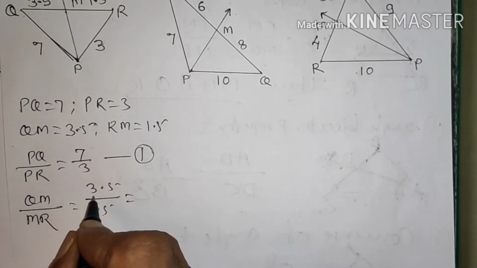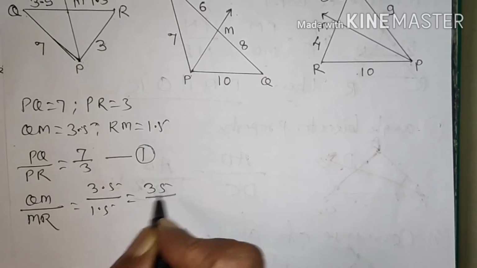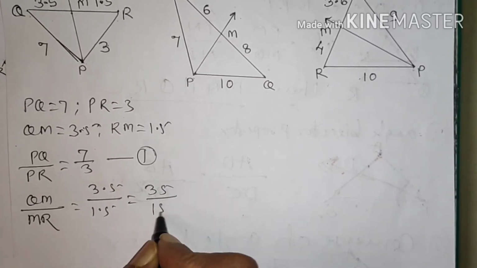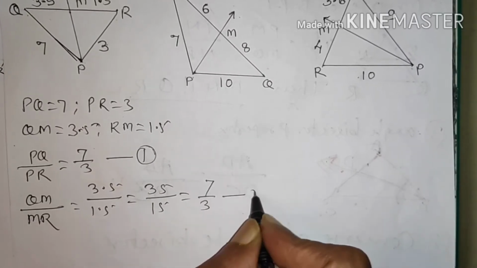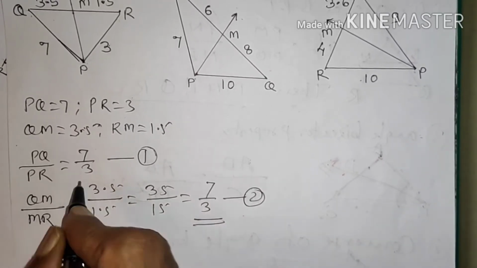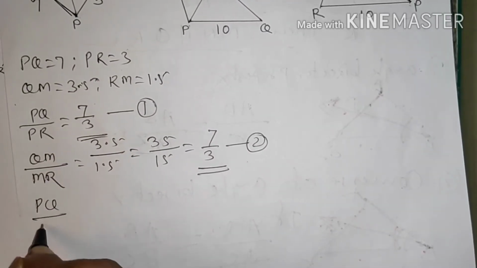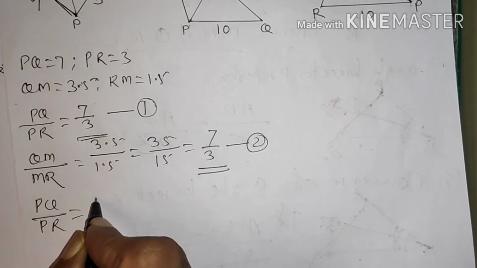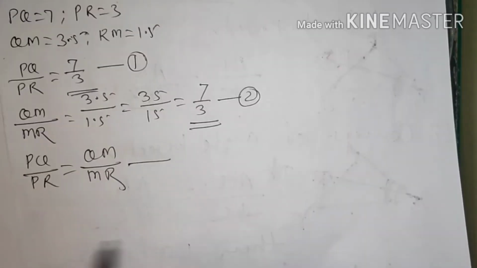If you multiply by 10 to this one, that is 35, and to this 15, that is 7 upon 3. This is 2. In short, from 1 and 2 you will get PQ upon PR is equal to QM upon MR.